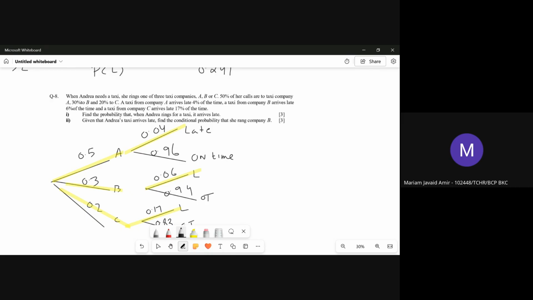So 0.5 times 0.04 plus 0.3 times 0.06 plus 0.2 times 0.17. That would be 0.072.